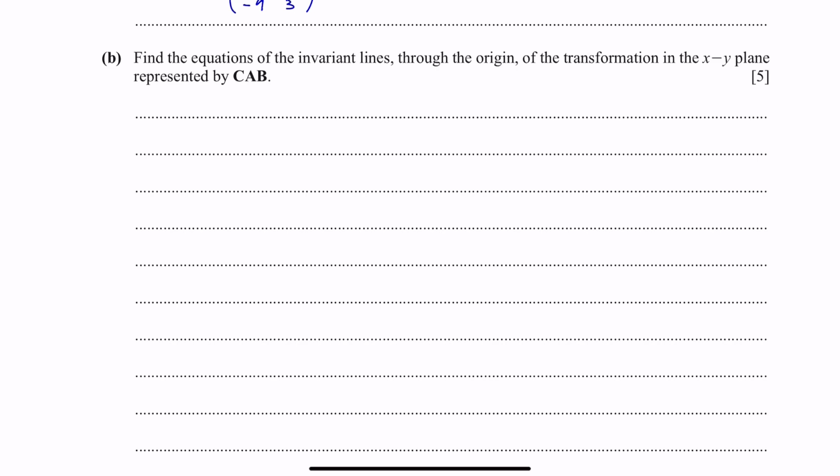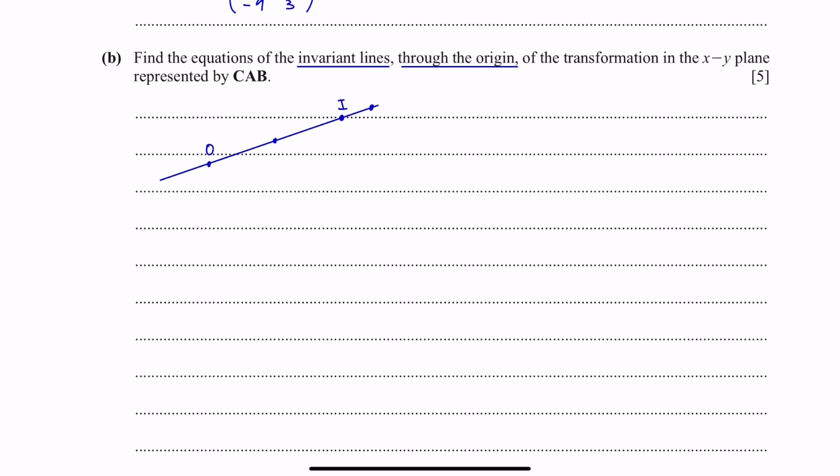For part B, we need to find the invariant lines through the origin. So invariant lines are basically that the object and the image are in the same line. So let's say O is my object. The image will be along this line, either here, here, here, just anywhere along the line.